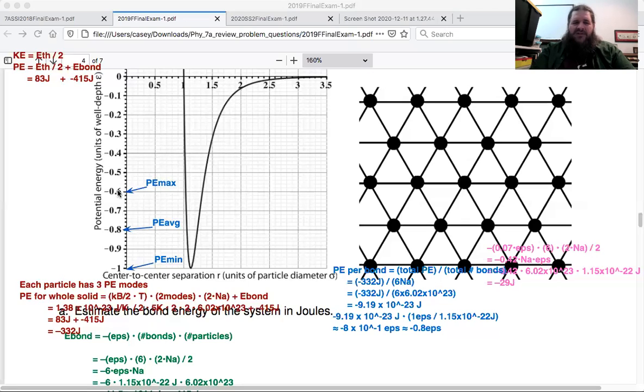So E total is negative 0.6 plus 0. In other words, that negative 0.6 is the total energy. So we can actually draw out a total energy graph. The total energy is just at negative 0.6. That's the total energy for a single pair bond.